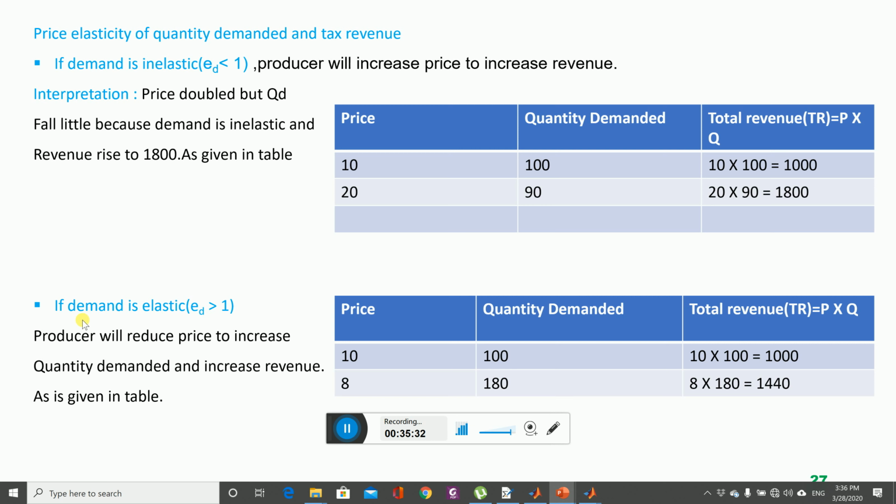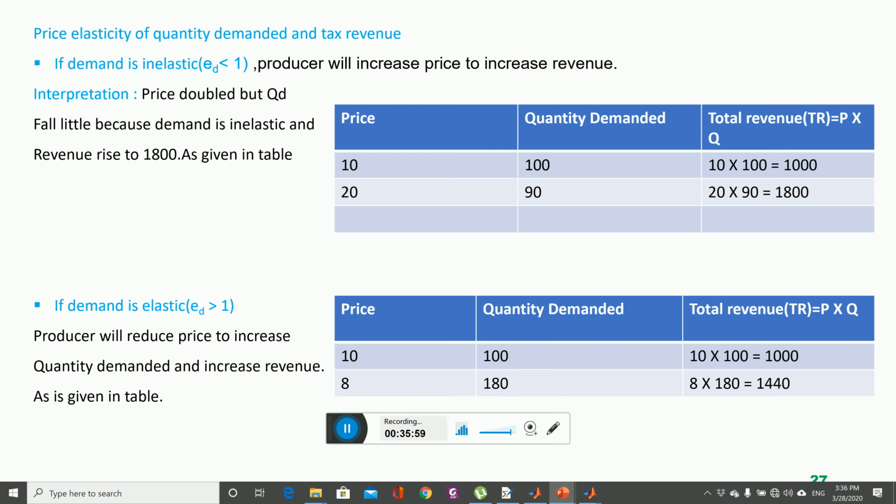If demand is elastic, ED greater than 1, the producer will reduce price to increase the quantity demanded and increase revenue, as given in the table. Price is 10, quantity demanded 100, total revenue is 1000. Price decreased only by $2, but demand increased roughly 80%. The percentage change in quantity demanded is more than the percentage change in price.